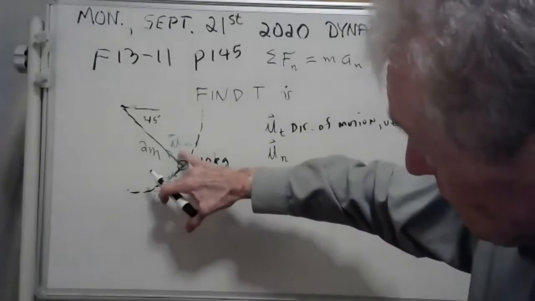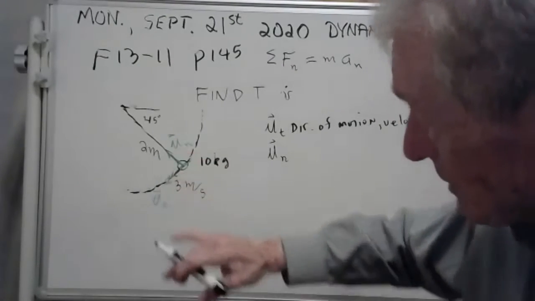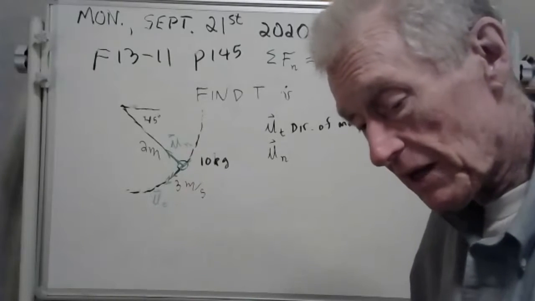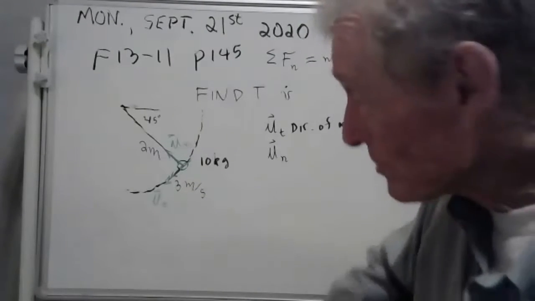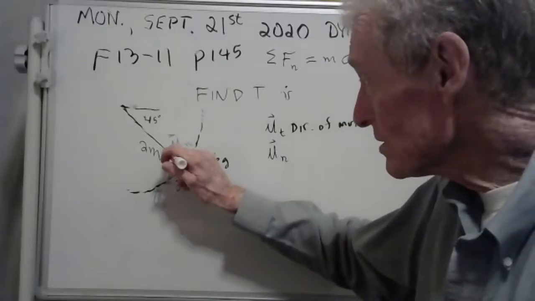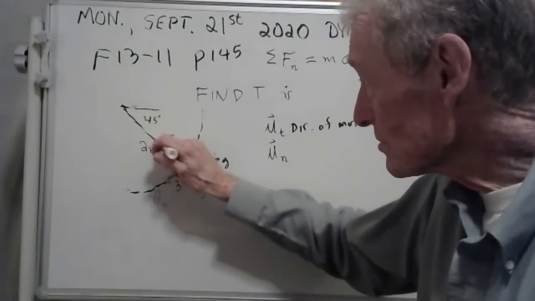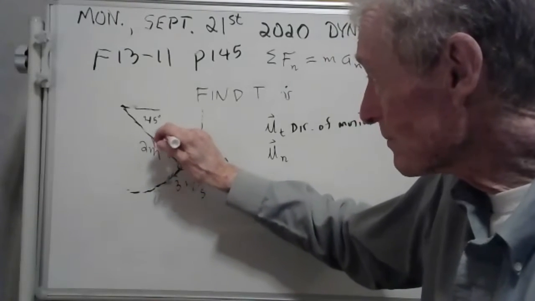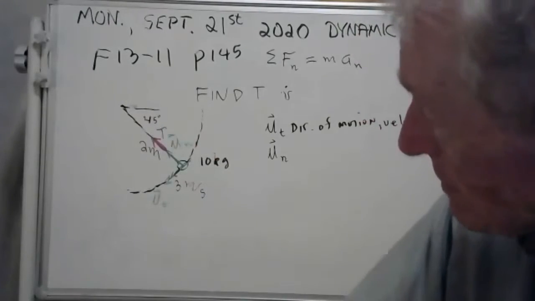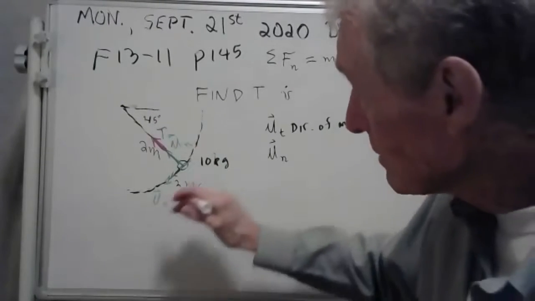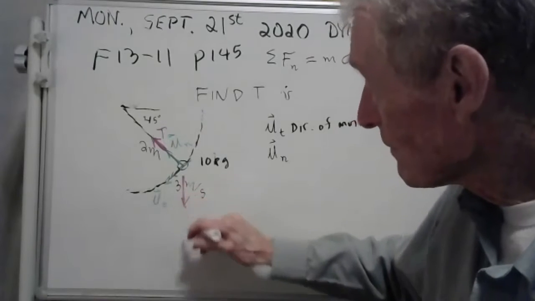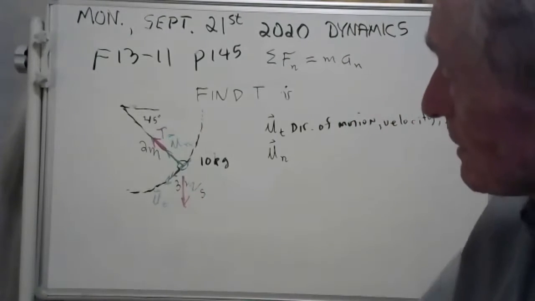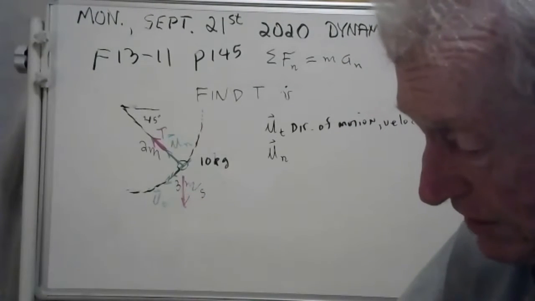And thanks to William, we know the normal direction. And see, I forgot to put my forces in red. Get a red pencil, put your forces in red. See, here's your tension. It's pulling on that ball there. And then here's your weight. And that would be 10 times 9.81.